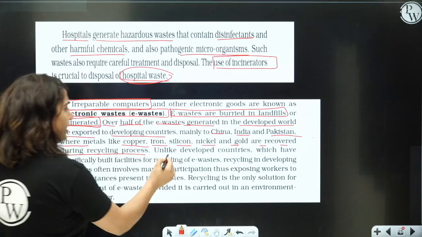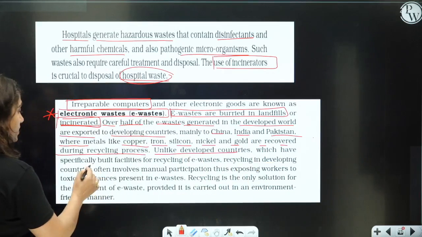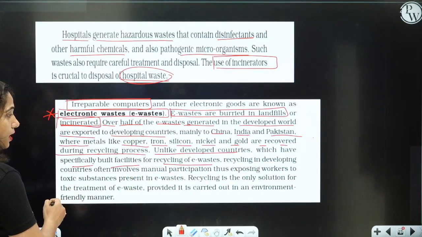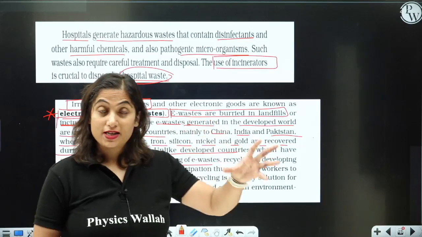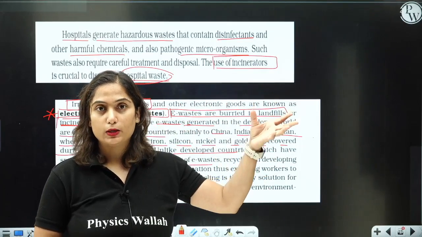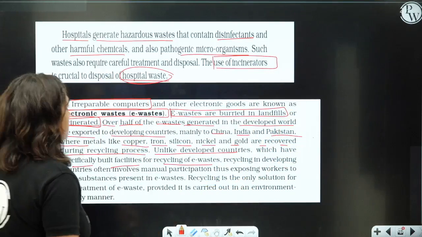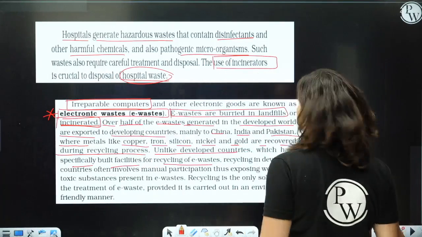Right? Unlike developed countries, which have specifically built facilities for recycling of e-waste, in the developing countries there is no such method. The developed countries have highly developed methods for removal of e-waste, but not the developing countries. Okay, now let's move on further.